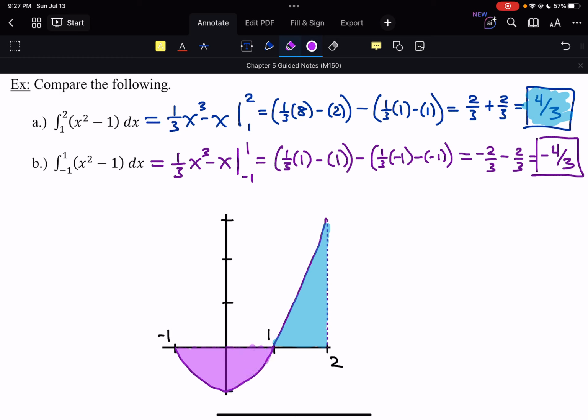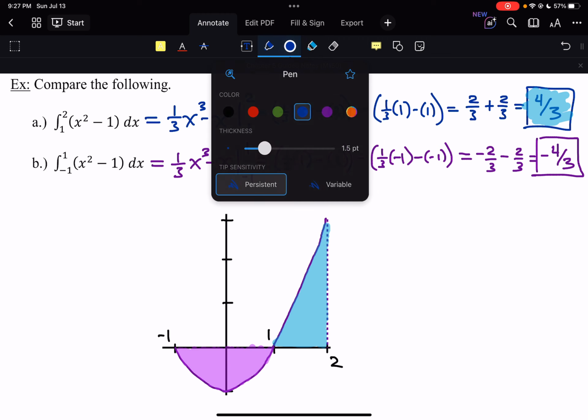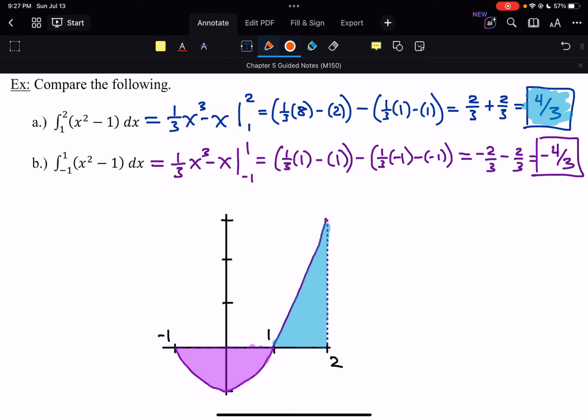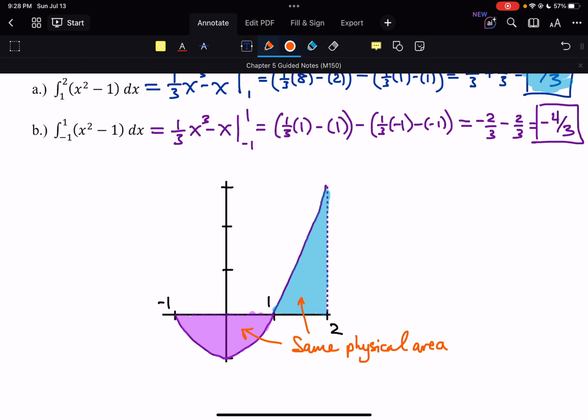So that is our area for part B. What this is telling us is that these two areas are the same physical area, or the same geometric area, but one is above the x-axis and one below.